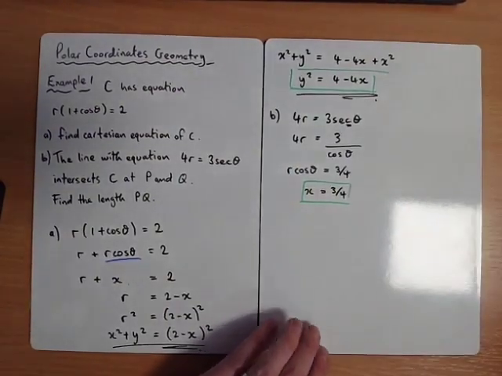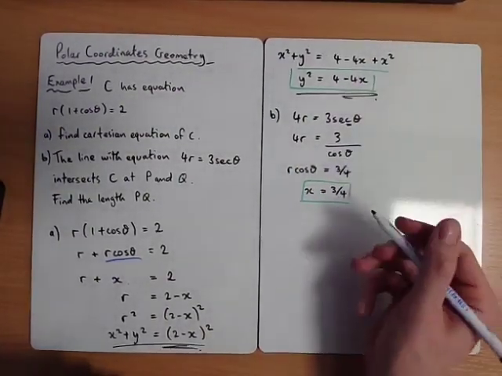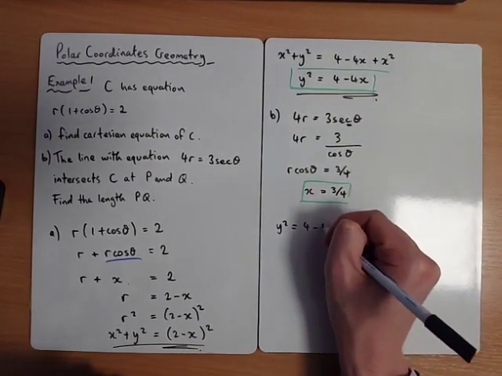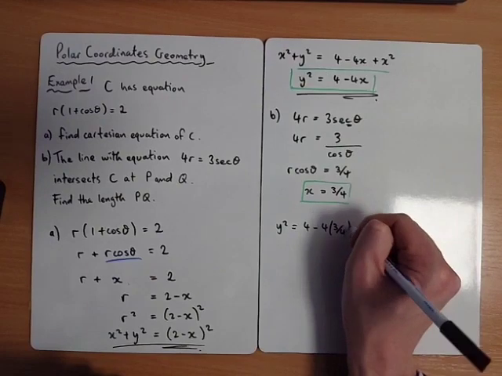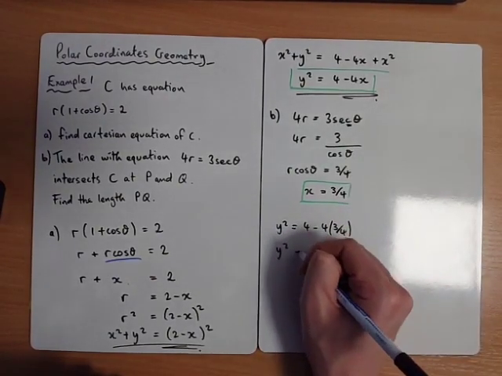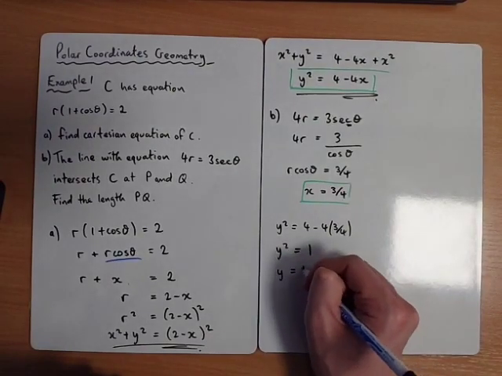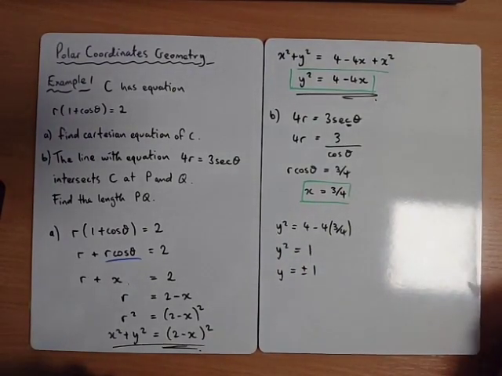Cartesian world, if we think about when these 2 things intersect, we've got y squared equals 4 minus 4 times 3 over 4. Y squared would equal 1, so y would equal plus or minus 1. So much nicer straight away, isn't it?